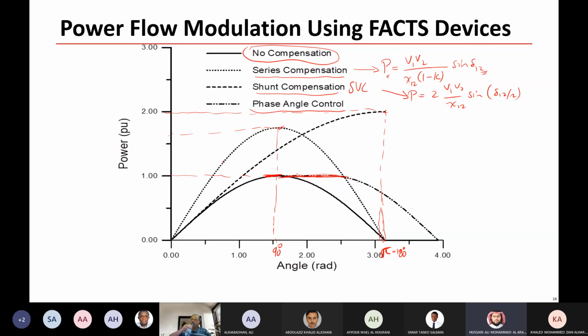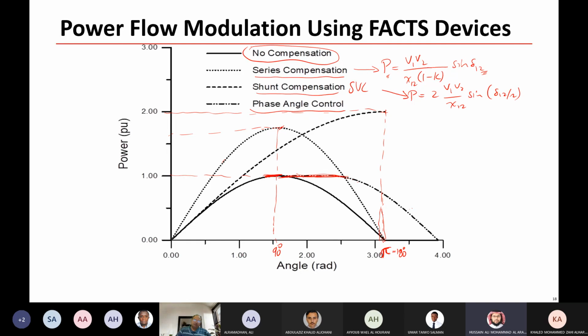Increasing the critical clearing angle. Okay, and therefore increasing the critical clearing time. But why? Why does it increase the critical clearing angle? It gives us more flexibility in the stability of the system.